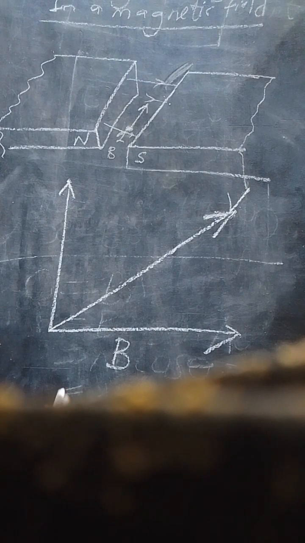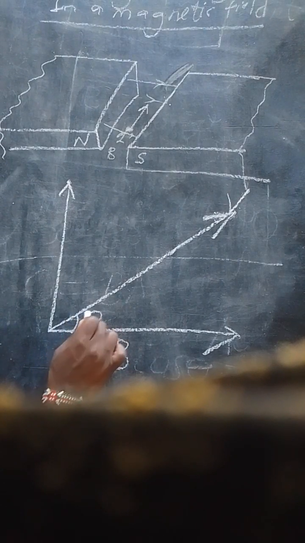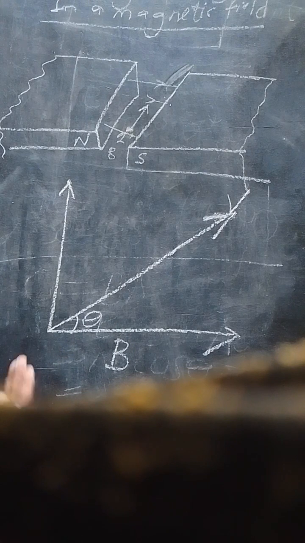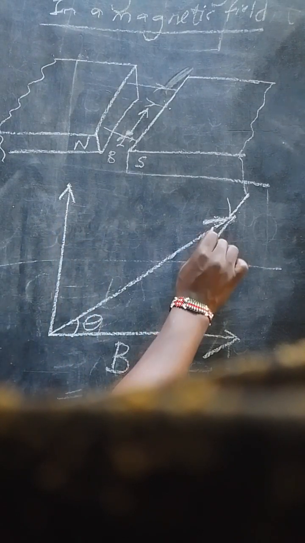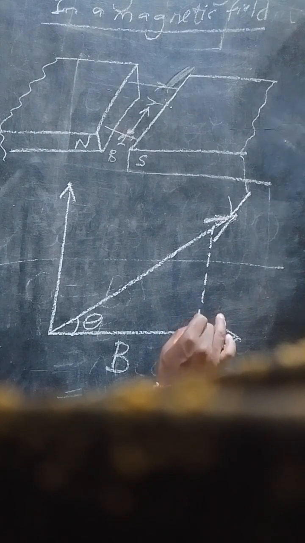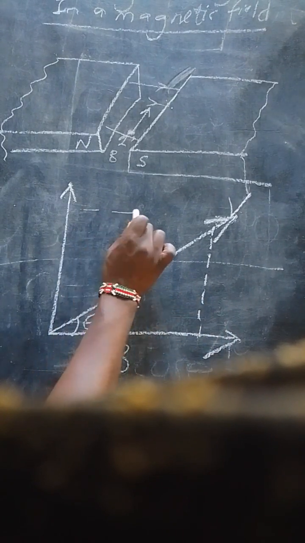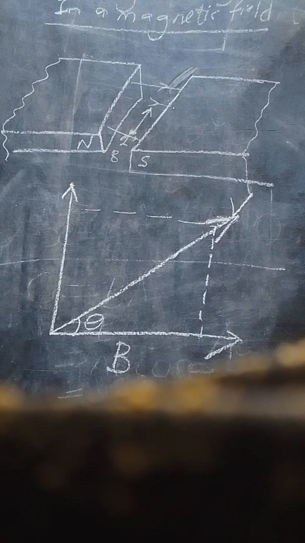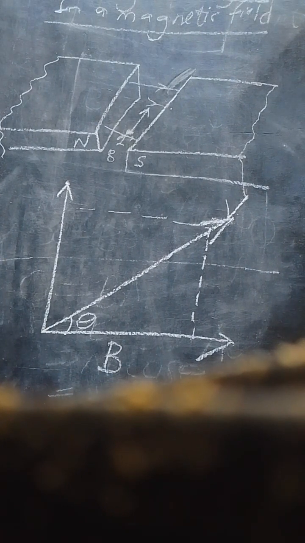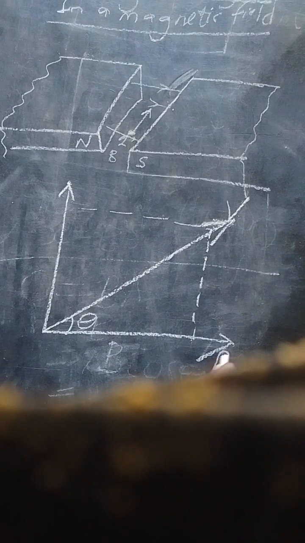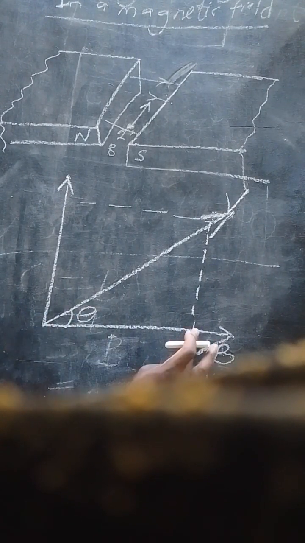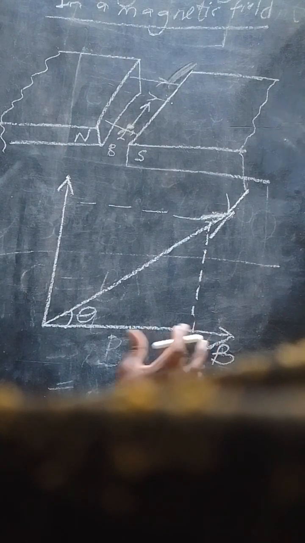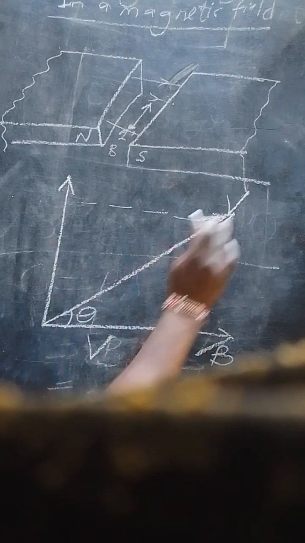Now this will be the angle at which the charge will be cutting through the magnetic field as it is moving, and if we resolve it into the x and the y components, we will have those parameters. Taking this as the B field, now this angle, and if we want to find the value from here up to here, it will be V. Remember, this is like our hypotenuse.